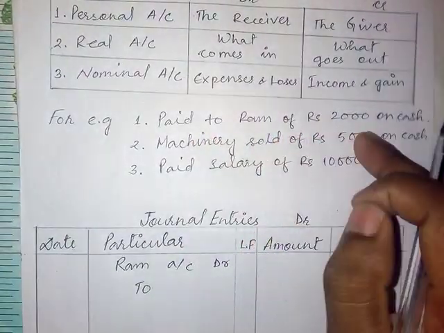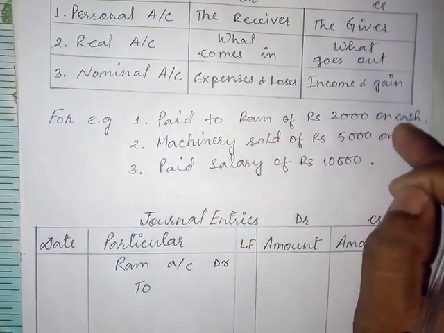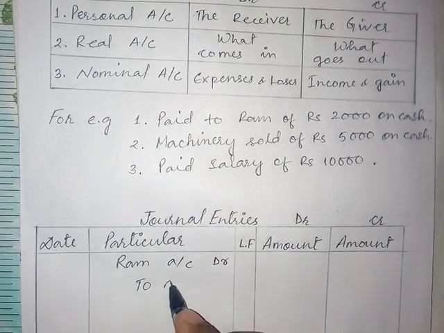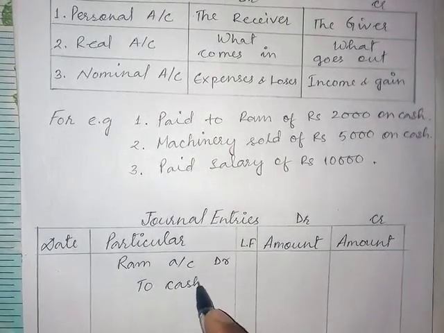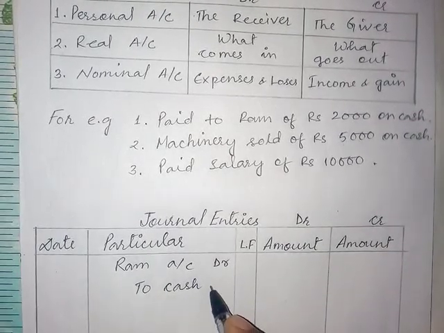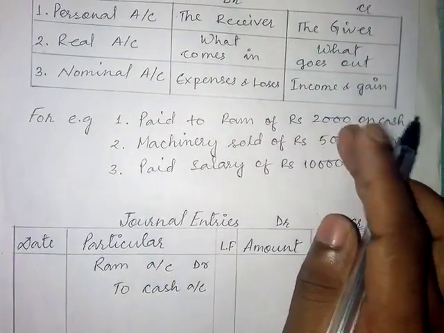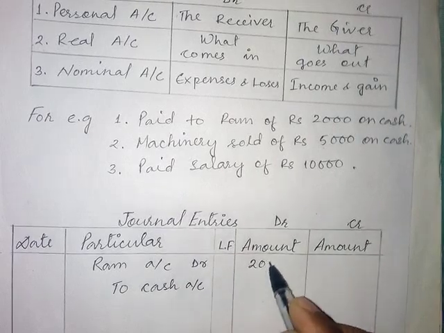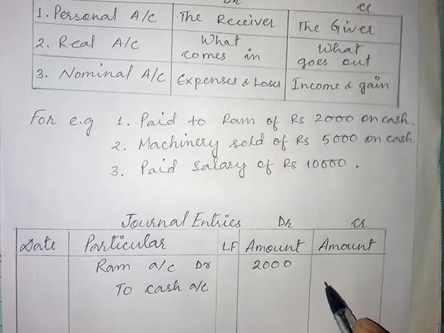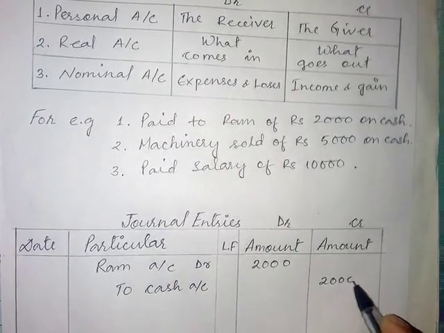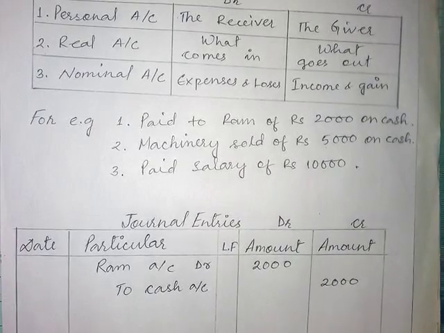The giver's name is not mentioned here, only on cash, so we write cash. Ram account debit to cash account. The amount given here is 2000. In both the debit and credit we have to put the same amount, 2000 and 2000.